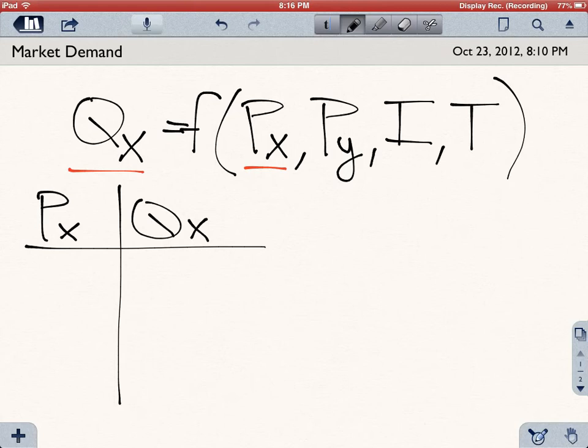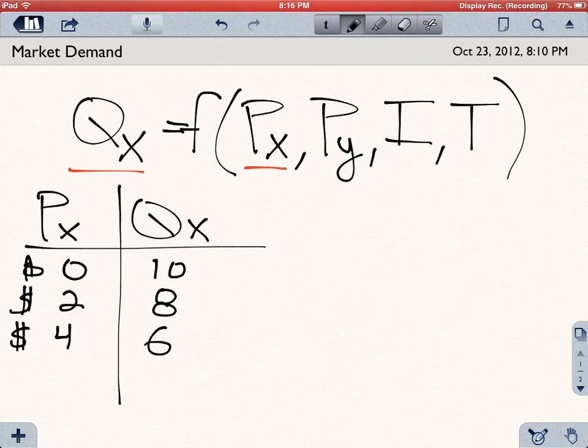So for instance, when the price of tomatoes is, let's say, 0, let's say that you will demand 10 tomatoes, and when the price of tomatoes goes up to $2, you'll demand a little less tomatoes. And when the price of tomatoes goes up to $4, you demand even less tomatoes. And when the price of tomatoes goes up to $6, you demand even less.